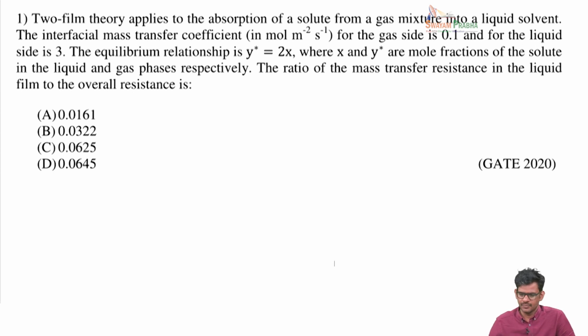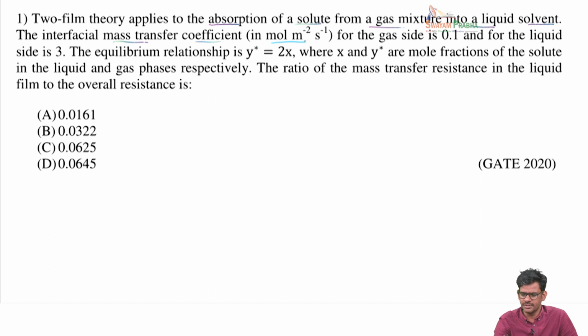So here maybe it's good to highlight the important things. We are talking about absorption of a solute from a gas mixture into a liquid solvent. So it's basically an absorption problem, or diffusion of A in non-diffusing B type problems. And then they have given the mass transfer coefficient values.